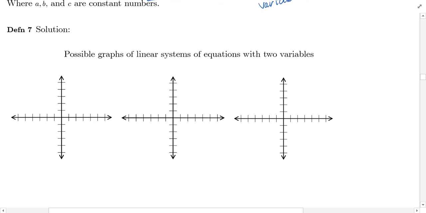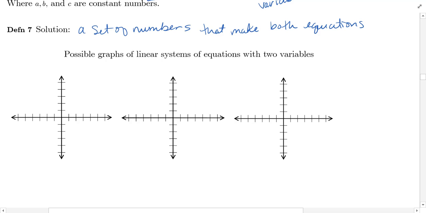Again, a solution is going to be a set of numbers, because we're always going to have at least 2, that make both equations true simultaneously.